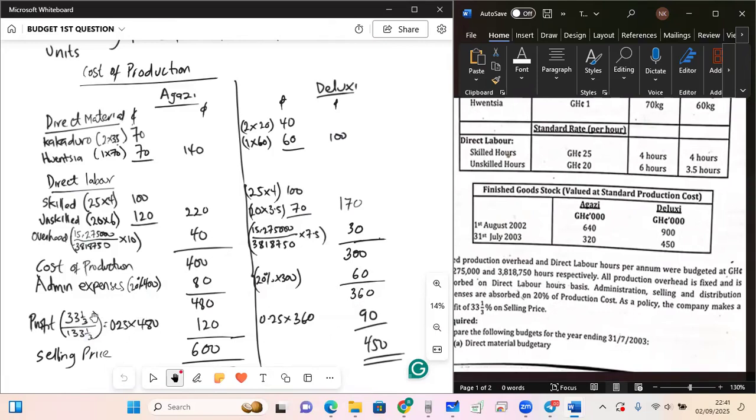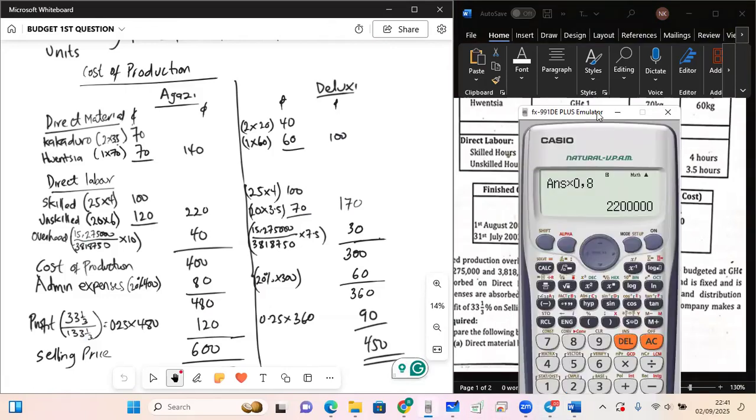when it comes to finding the profits, they told us that the company makes a profit of 33 1/3% on selling price. So that's the same thing here. So because it's on selling price, I need to scale it up, making it look like this.